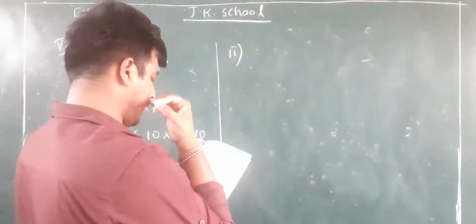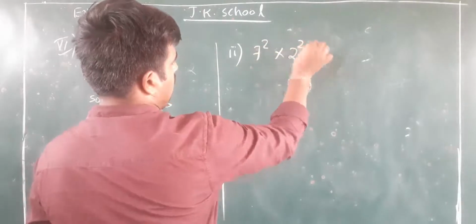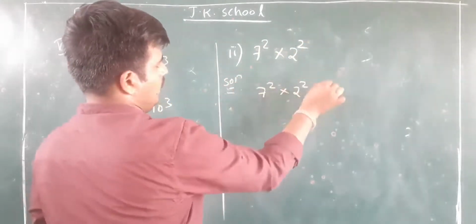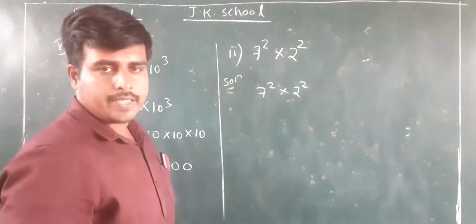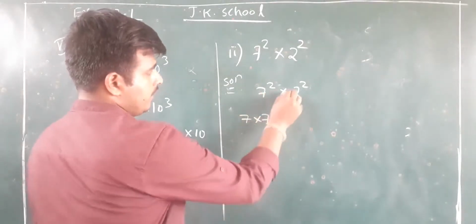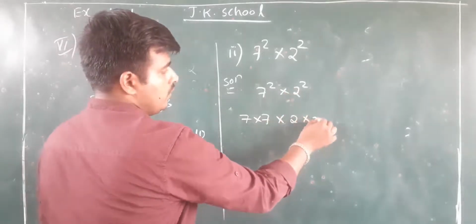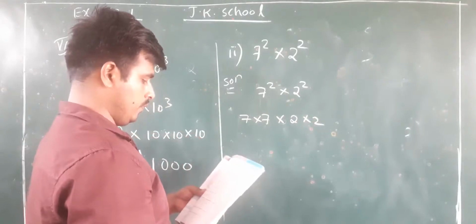Second, 7 square into 2 square. First you have to expand them. 7 square can be written as 7 into 7, and 2 square can be written as 2 into 2.